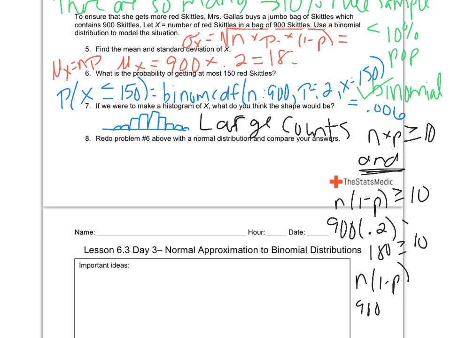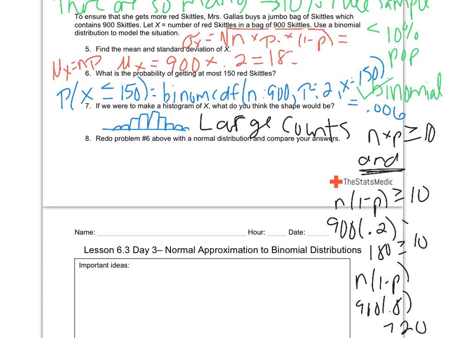So that would be 900 times 0.8, which is going to be 720, which is also definitely greater than or equal to 10. So we can assume that this is going to follow our normal distribution. So we've got our 10% rule here, as well as our large counts. So we can use this binomial distribution as long as our sample is less than 10% of the population. And we can assume normal distribution if large counts are met.